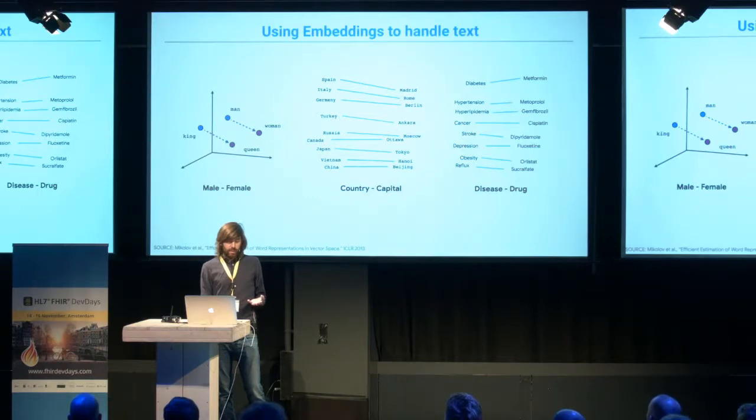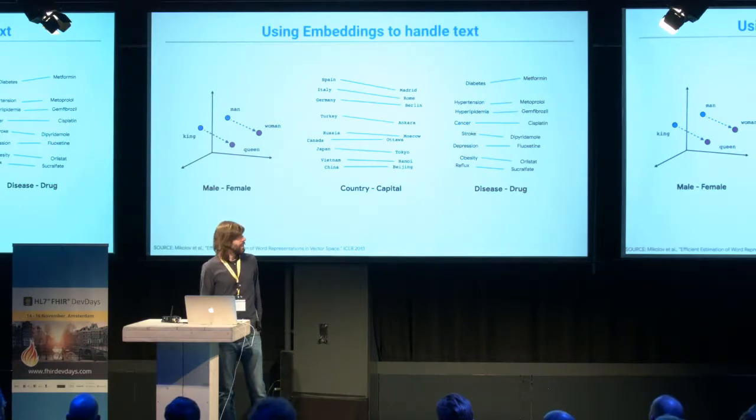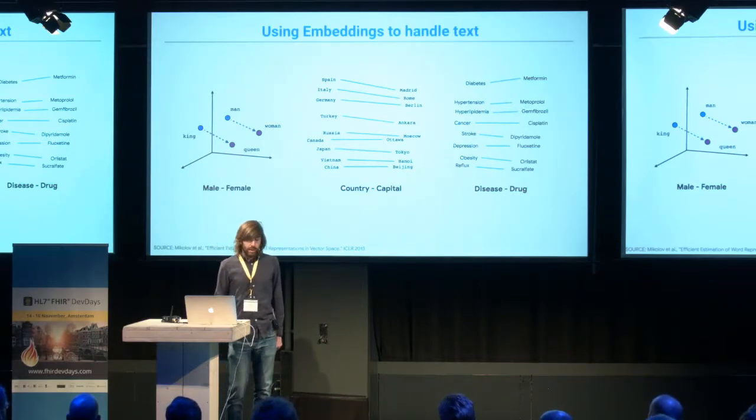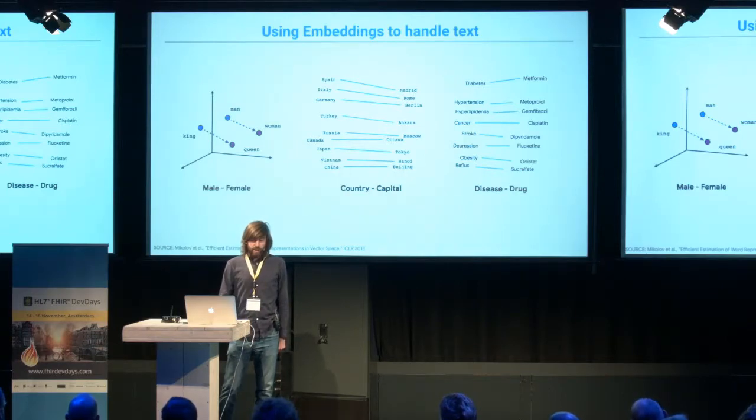Embeddings are essentially, you can think of it as you take each token and you map it into a vector of numbers. And the model will actually pick up similarities between things that behave similarly. Here are some examples of training a skipgram model, which is a type of model, on text data. The model learns that the relationship between Spain and Madrid is roughly the same as the relationship between Italy and Rome.